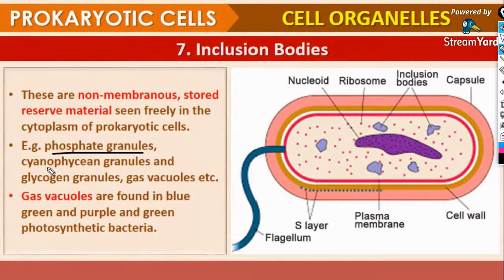Examples are phosphate granules, cyanophycin granules, glycogen granules, and gas vacuoles. All these are examples of inclusion bodies. Gas vacuoles are found in blue-green and purple photosynthetic bacteria, such as blue-green algae, purple bacteria, and green sulfur bacteria.